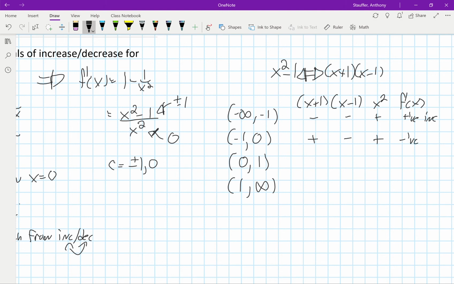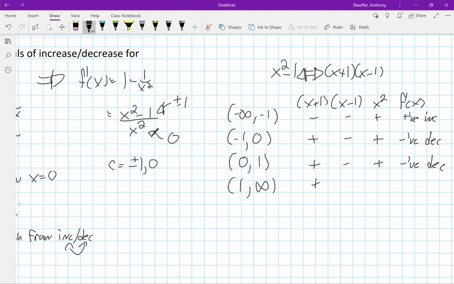So then I get a negative, so I'm decreasing. 0.5 gives me a positive, a negative, and a positive, so I'm negative and decreasing again. And for a number between 1 and infinity, let's go crazy and pick the number 200.